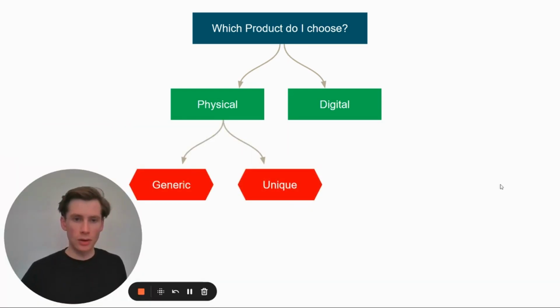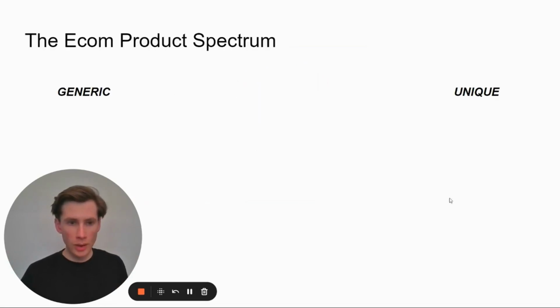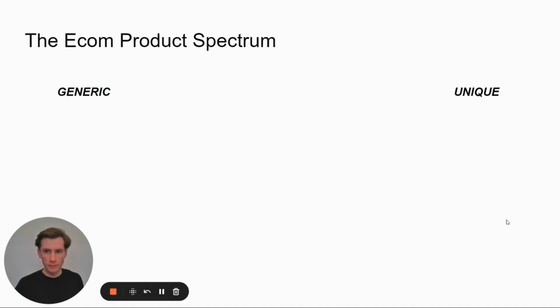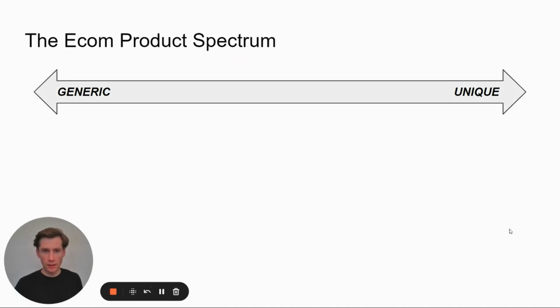And within physical, there is generic versus unique, and it's actually on a spectrum. What do I mean with that? I'll make my video a bit smaller. There's a spectrum that, in the very beginning, I would have found very helpful to orient myself in terms of choosing a product, and all the things that are correlated with choosing a given product.